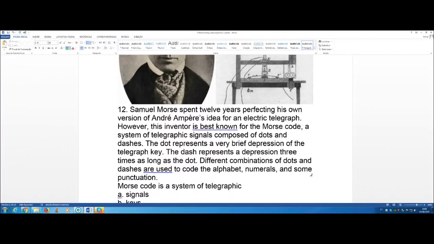However, this inventor is best known for the Morse code, a system of telegraphic signals composed of dots and dashes. The dot represents a very brief depression of the telegraph key. The dash represents a depression three times as long as the dot. Different combinations of dots and dashes are used to code the alphabet, numerals and some punctuation.